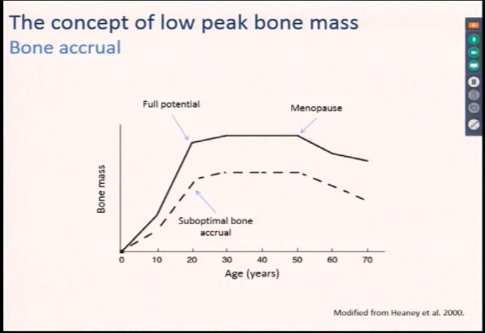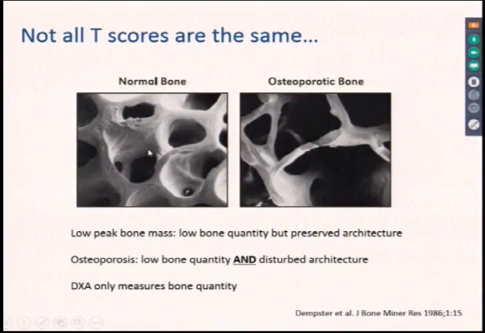It does make a difference because not all T-scores are the same, unfortunately. We can only measure T-scores now. But the patient who has low peak bone density but is not actively losing bone, their bone is thin, but it's well connected. It's well interconnected. Their trabeculae have good architecture.